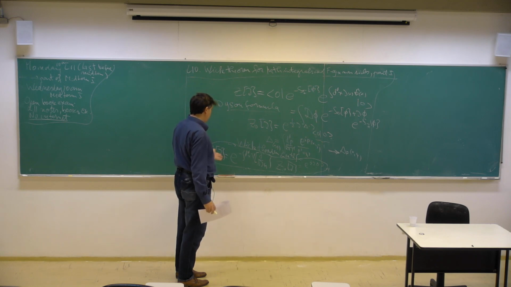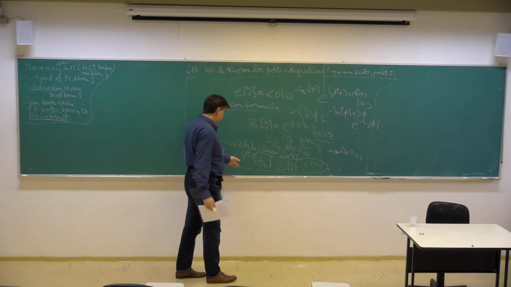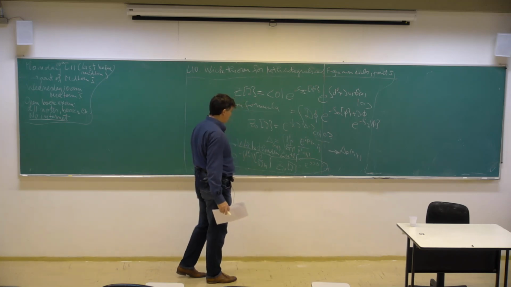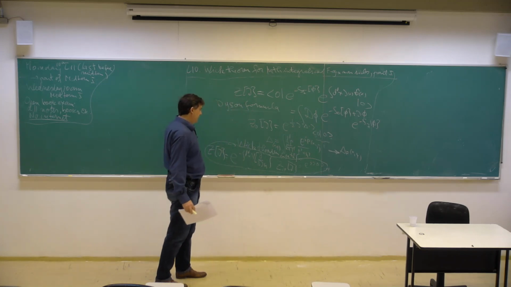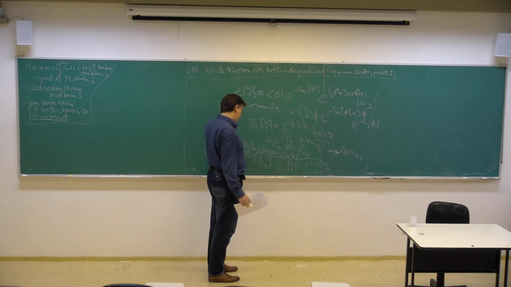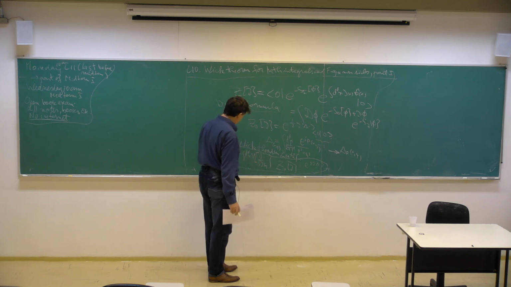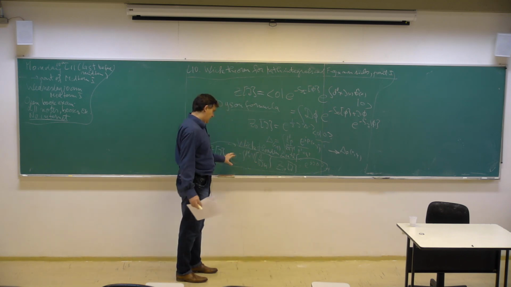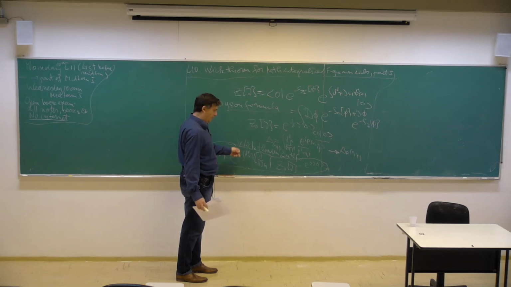But in fact, this is only a formal expression because, first of all, this exponent of some derivative operator is, of course, understood as just writing the form of the exponent as the sum over 1 over n factorial, the exponent to the power n.